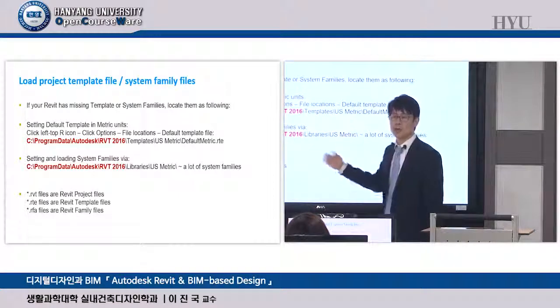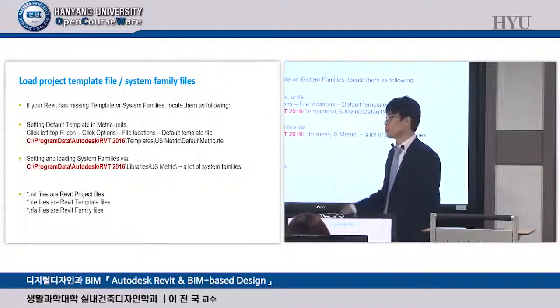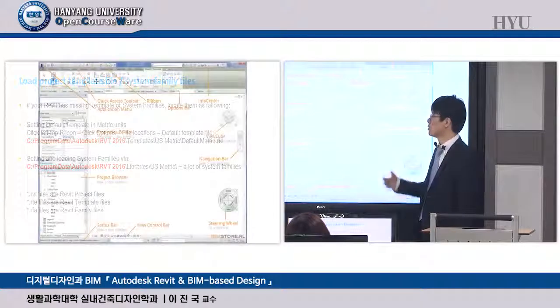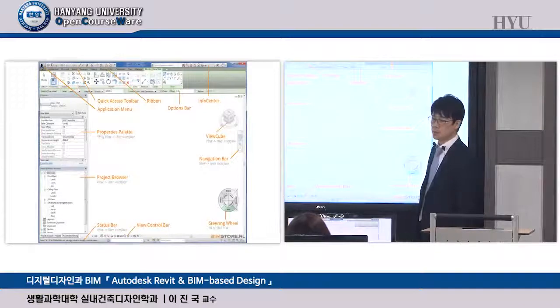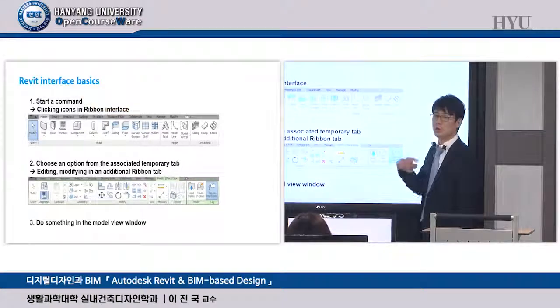So you can simply add libraries, okay? They are several gigabytes, so it's up to your decision. But so far we have a number of Korean libraries, so we're going to use that. So this is the interface we already reviewed. We're going to do that again in the lab exercise, and the mechanism.